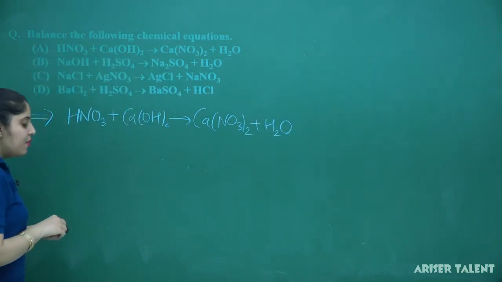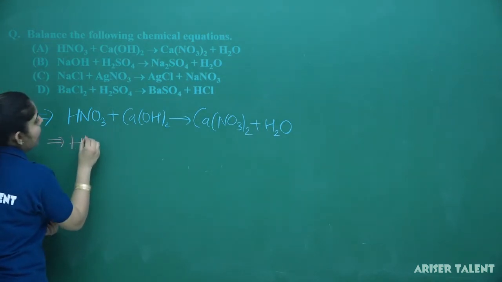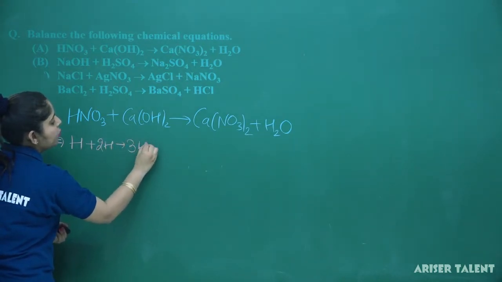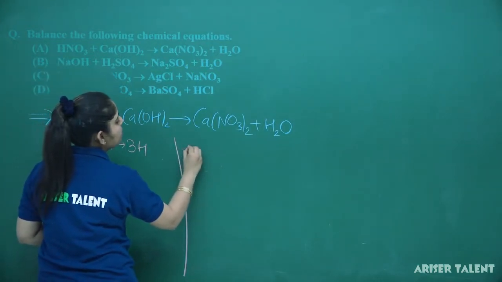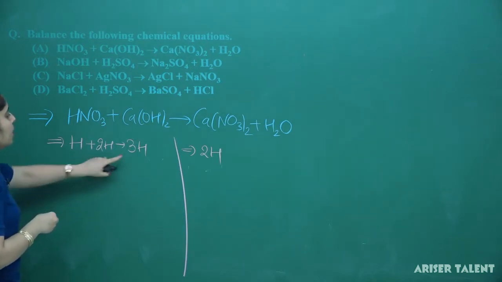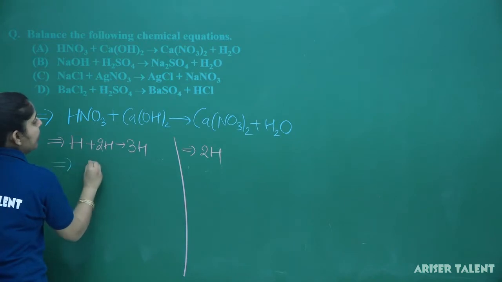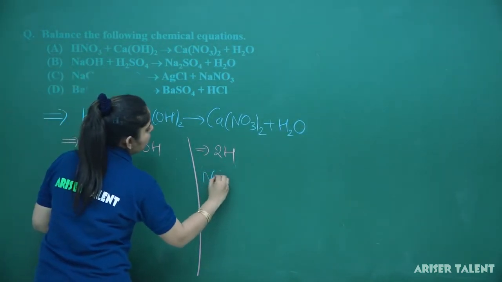Now what we are observing here in this equation: we are provided with 3 hydrogen atoms on the reactant side. On the product side, we have 2H, that is 2 hydrogen atoms. This is 3 and this is 2. Now coming to the nitrogen, we have nitrogen 1 and here nitrogen 2.